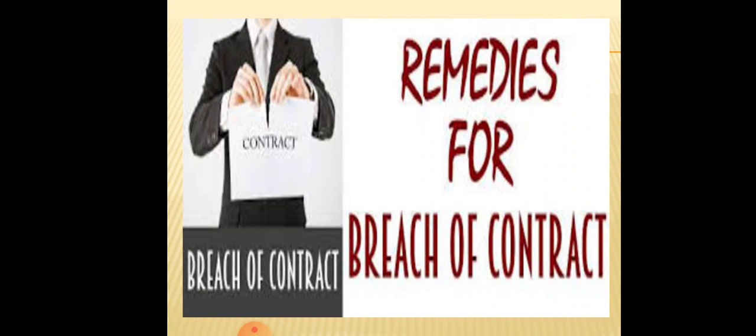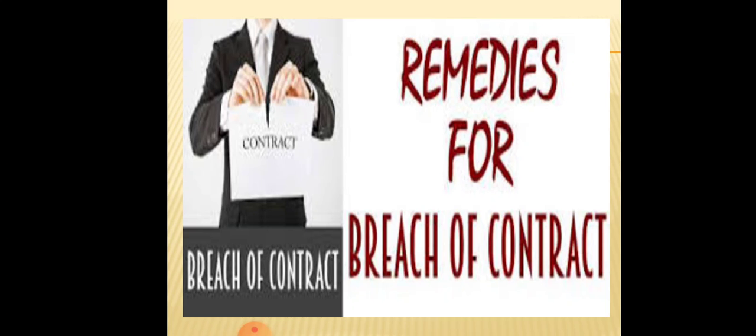So, remedies for breach of contract. In this particular slide we can understand that when the parties have not agreed upon the terms and conditions, or suppose previously when they entered into a contract there was no problem, and later on there is a dispute, or there is ambiguity in the implementation of a contract or an agreement, there may be a violation of duties or liabilities.